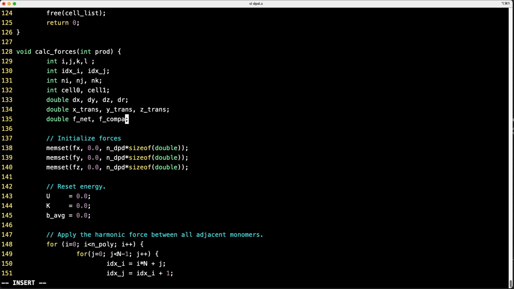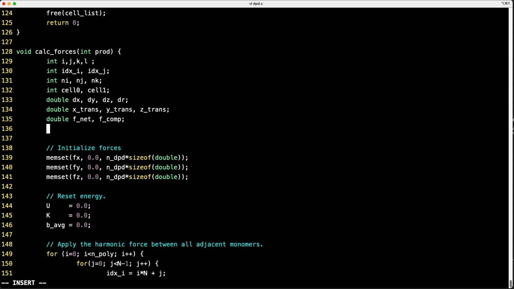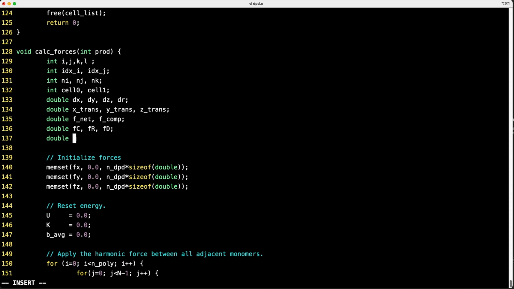Fnet, Fcomp, that's good. Just for clarity, to make the algorithm a little clearer, I'm going to define the conservative force, the random force, and the dissipative force, and this will make it easy for us to read the code and understand what's going on. And then we need some other things, right? So if you think back to what's in those forces, we've got the interaction strength of the conservative force.